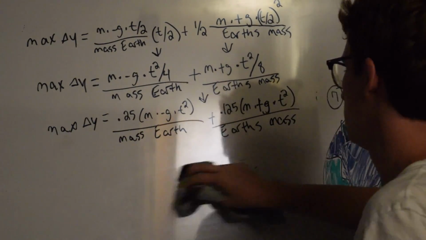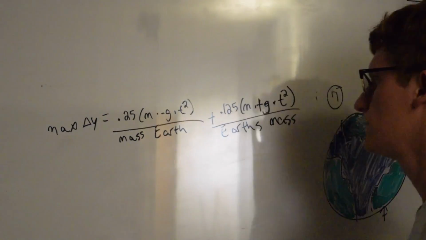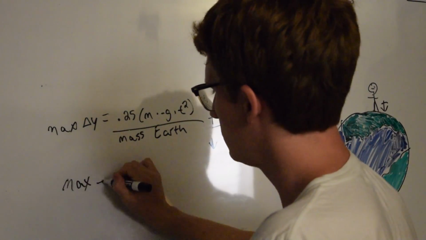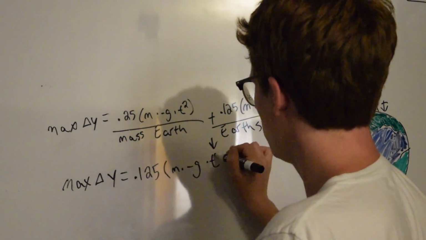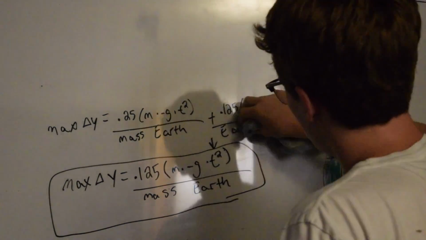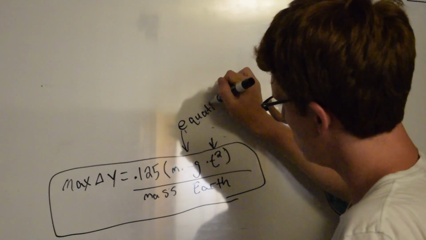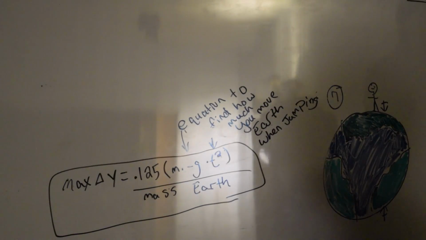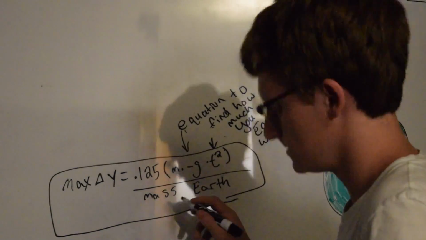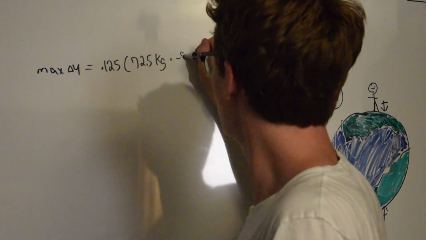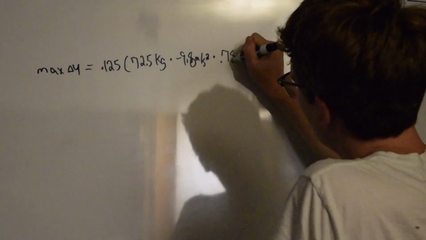And then taking that divided by 8 and that divided by 4, I changed it so it looks cleaner. So the whole thing at the top would be multiplied by 0.25, and then the other one would be multiplied by 0.125. And when adding these values together, we get max displacement equals 0.125 multiplied by your mass multiplied by your acceleration on Earth, aka gravity, times time squared, all over Earth's mass.